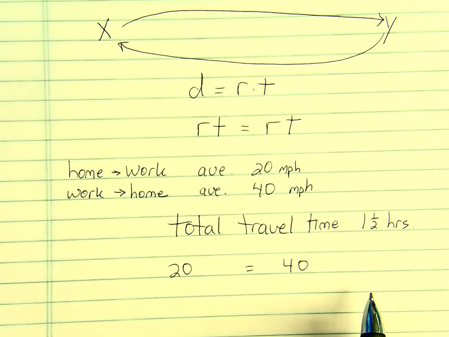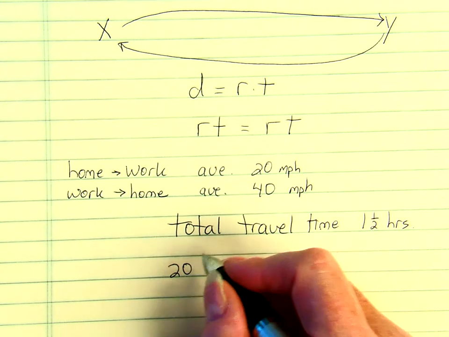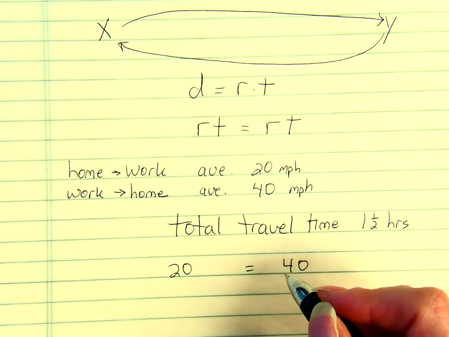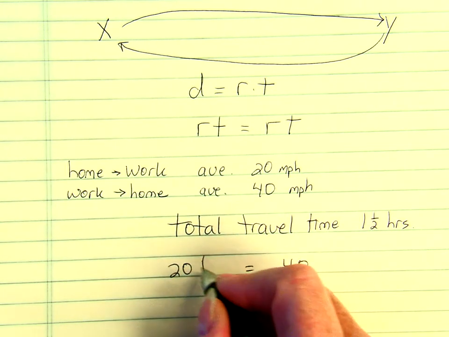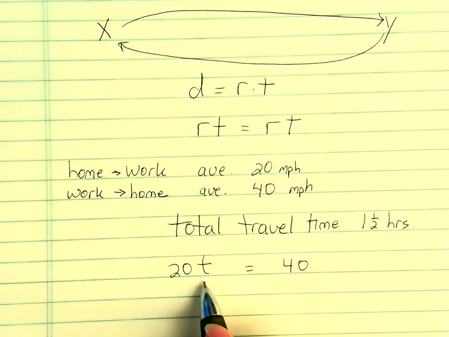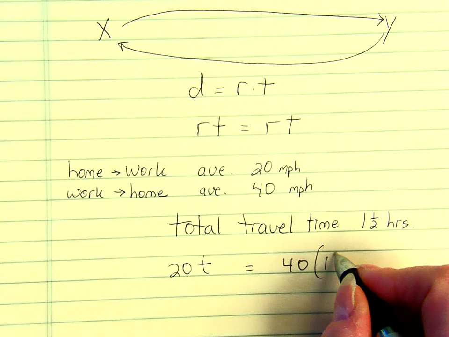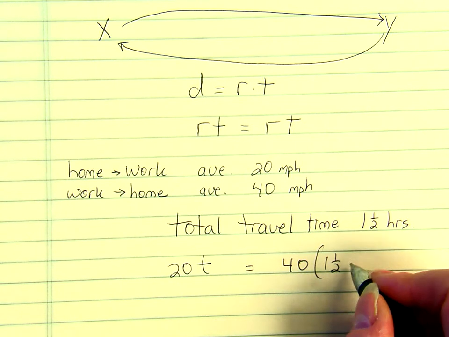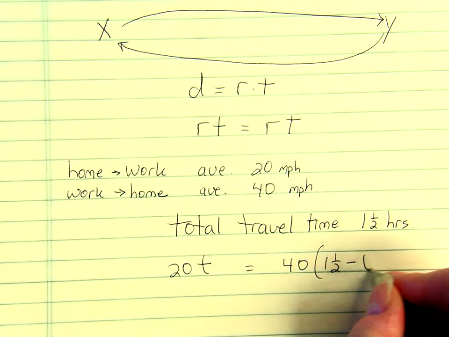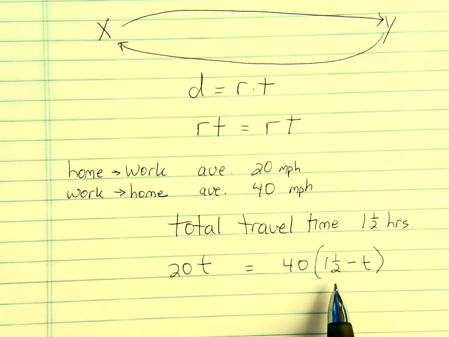Okay, now I can do it any way I want, I'm going to say that on my way, I'm going to use my T, my time going, and then coming back, I'm going to say 1.5 minus T, minus the time it took me going. Since my total is given, I know that if this is T, then this is whatever 1.5 minus that T is.